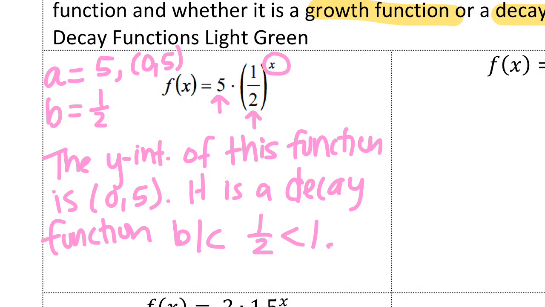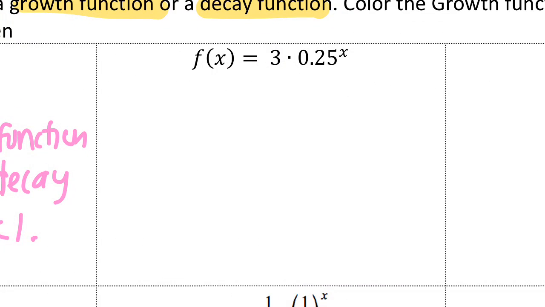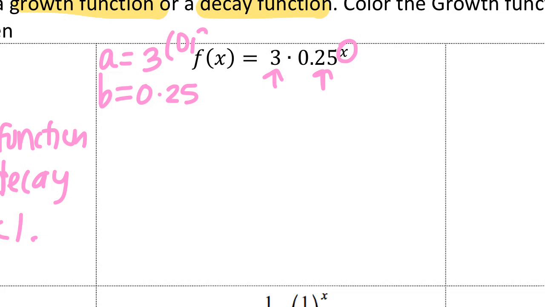So let's look at this one here. If I look here, I can say, alrighty, A is 3 in this function, okay? And B, the number that's being taken to the variable power, is 0.25. And if A is 3, that means I have the point (0, 3). And again, I could write a sentence.